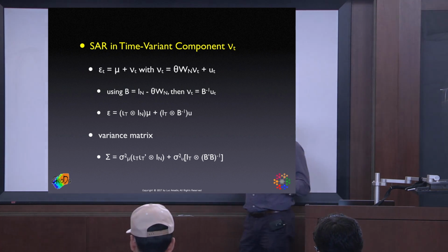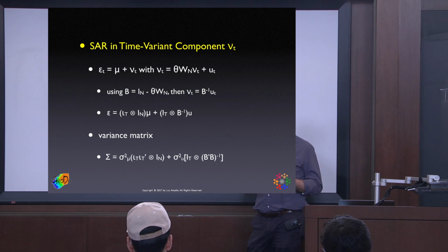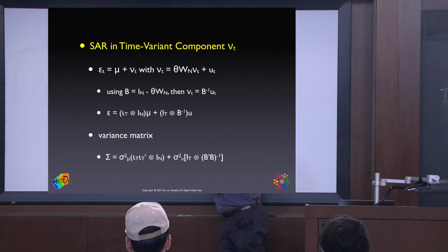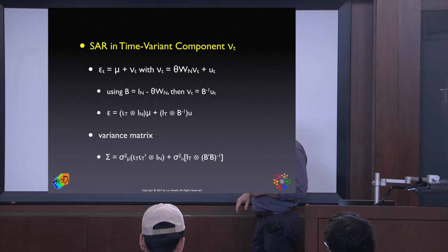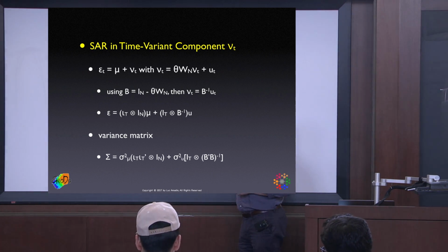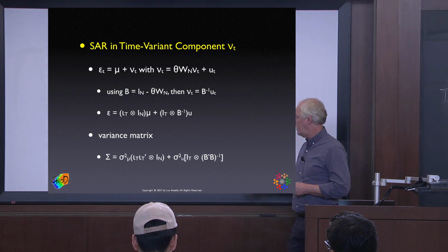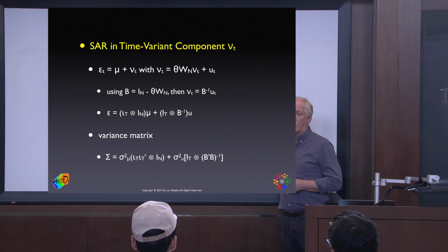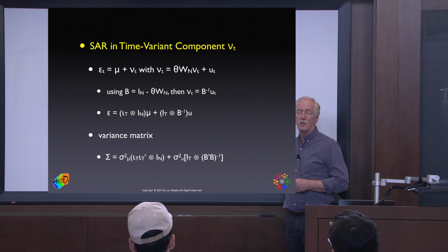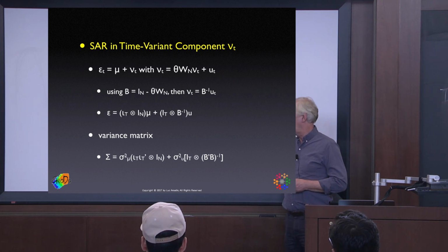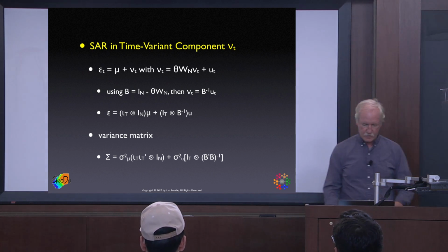And so some of the early literature on this was called variance components. So you have this one with the individual heterogeneity fixed over time, and then this is the variance of the remainder, which has this kind of interesting additional parameter. The autoregressive parameter is in here, in the B, or in the B prime B, if you wish.